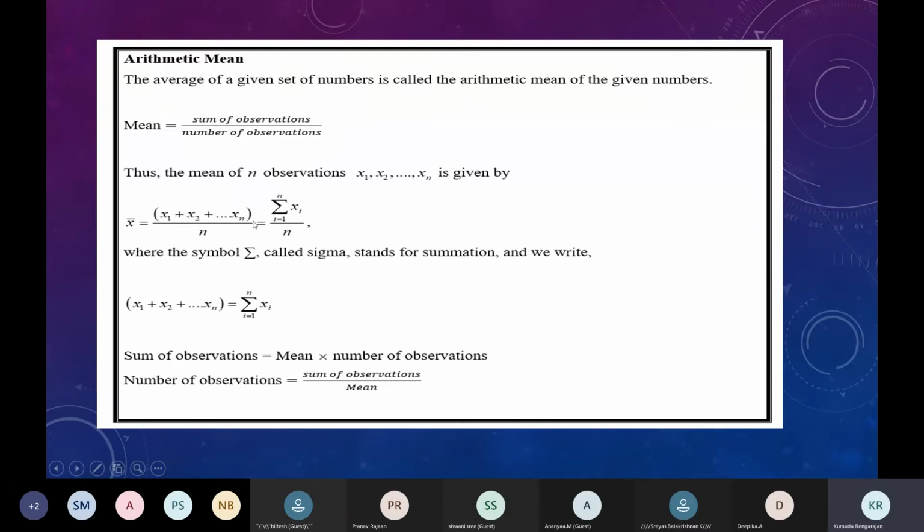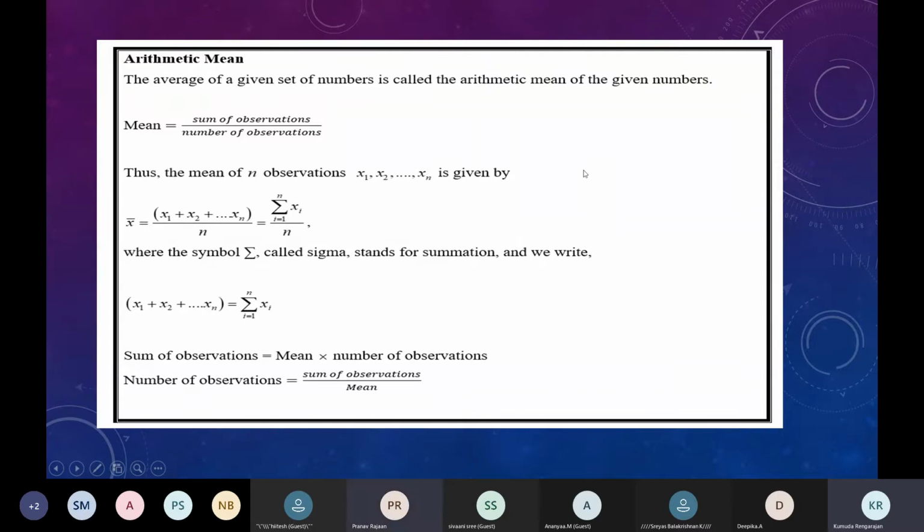If you have from 1 to 50 values, 1 to 50. So sigma xi where i ranges from 1 to n.